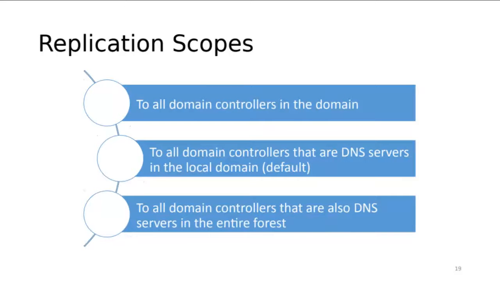We can duplicate to all domain controllers in the domain, or to all domain controllers that are DNS servers in the local domain, by default, by the way, this one. Or to all domain controllers that are also DNS servers in the entire forest. We will learn more about forest. The middle one.